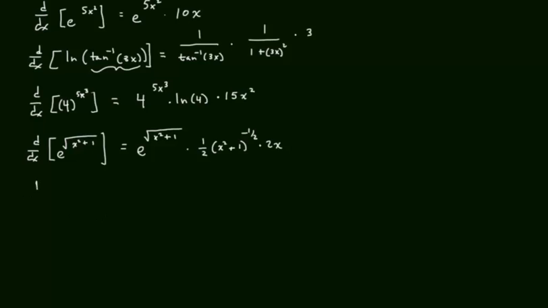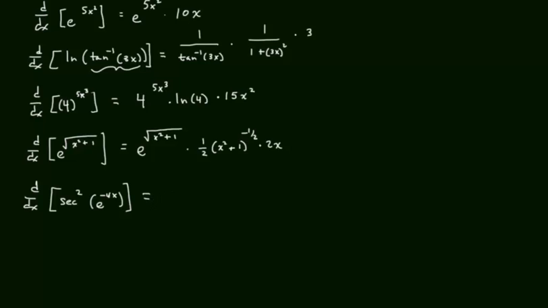Okay, moving on. The derivative with respect to x, secant squared, e to the negative 4x. Notice I did not say inverse secant, but regular, good old-fashioned secant.